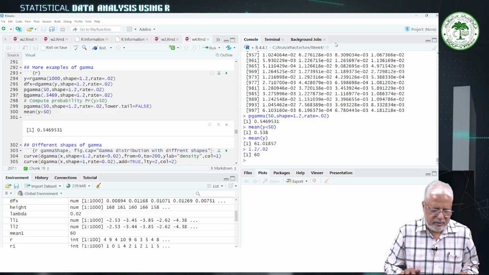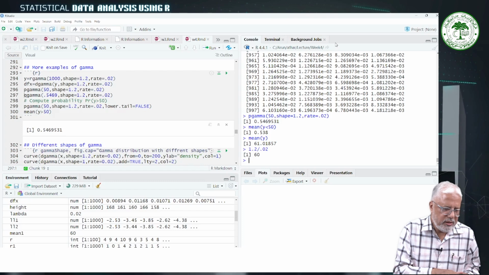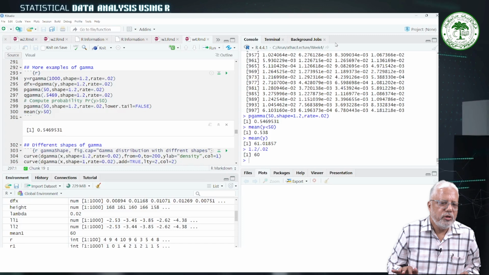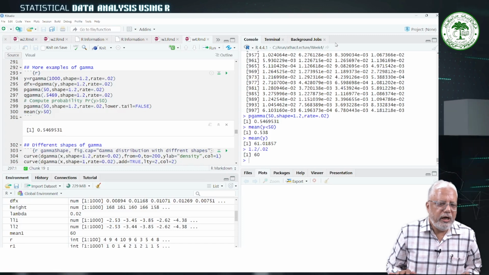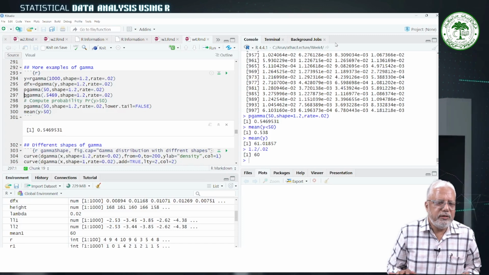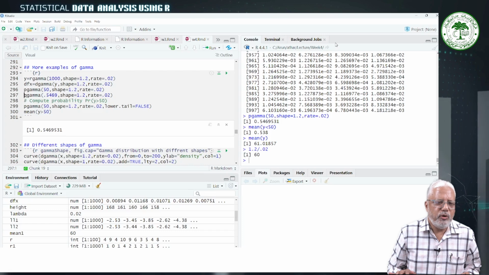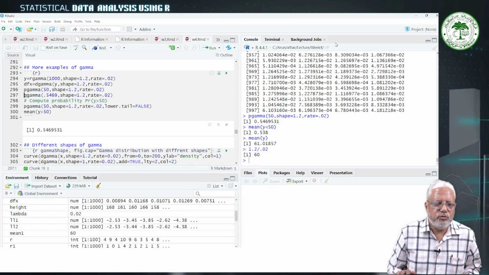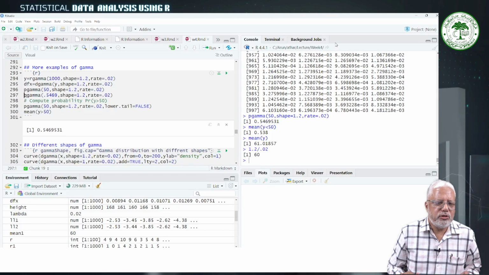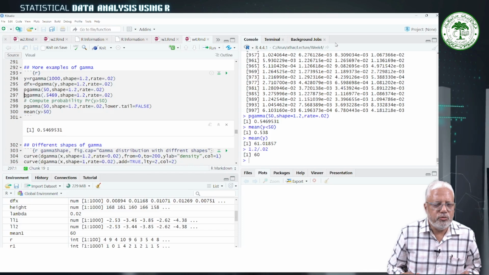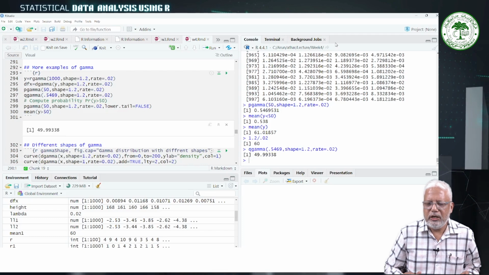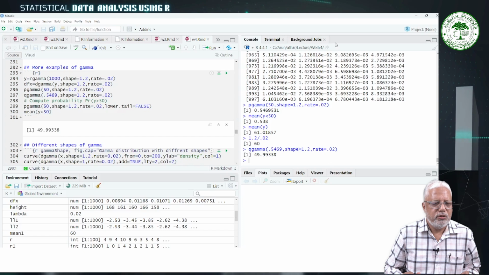Similarly, see, now quantile of gamma 0.5469, qgamma(0.5469), and shape is equal to 1.2, rate is equal to this thing. So, this quantile should be very close to 50. Yes, it is 49.93.